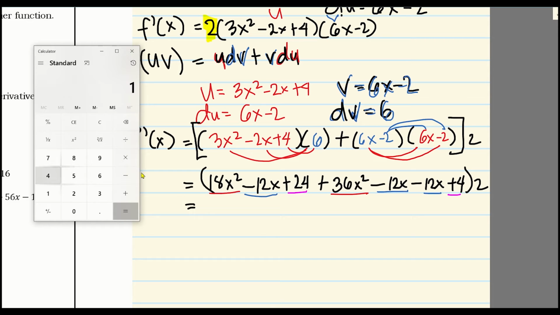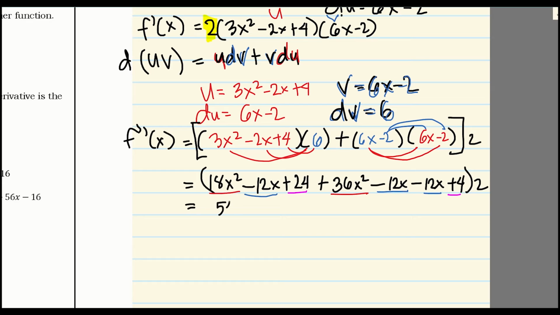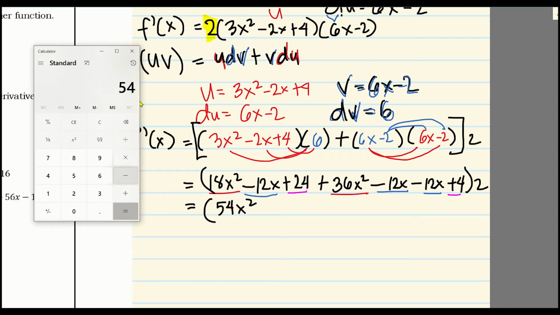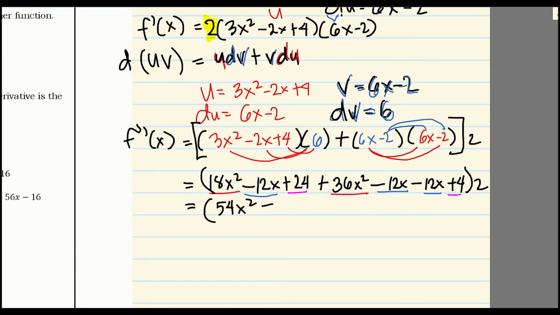So 18 plus 36 is 54x squared. And then we have here negative 12x minus 12x. Negative 12 minus 12 is negative 36x plus 28.